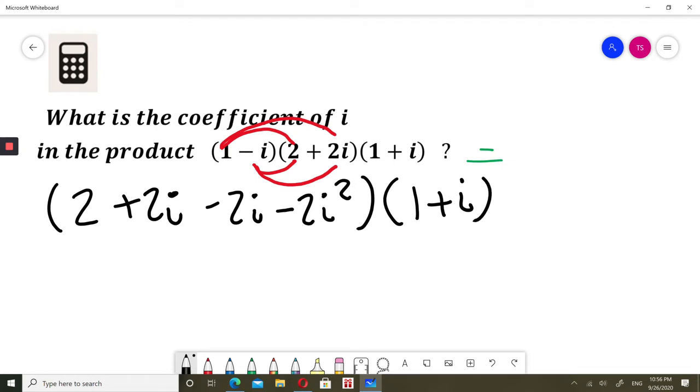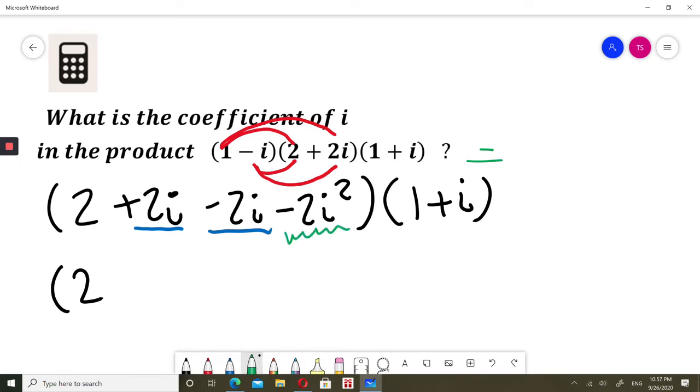Then, plus 2i minus 2i will be 0, so I will actually do it slowly. This will be 2, and I have minus 2i squared.